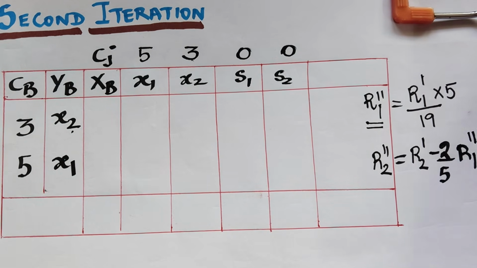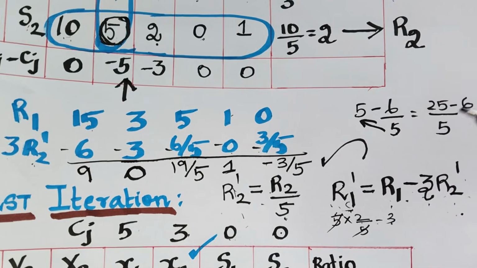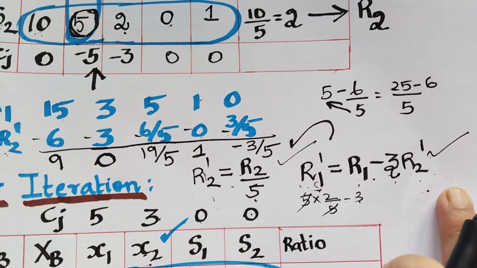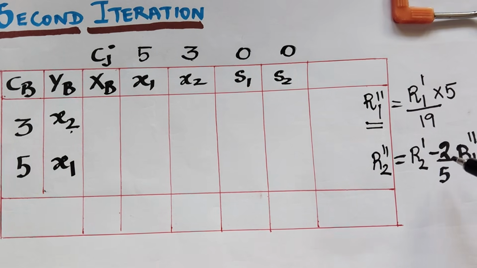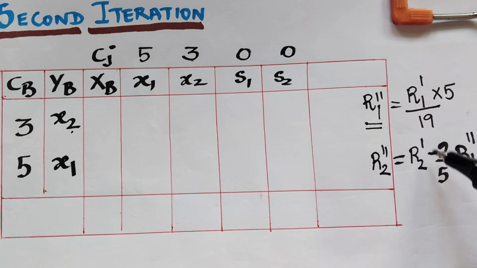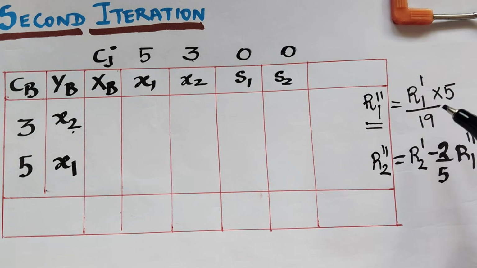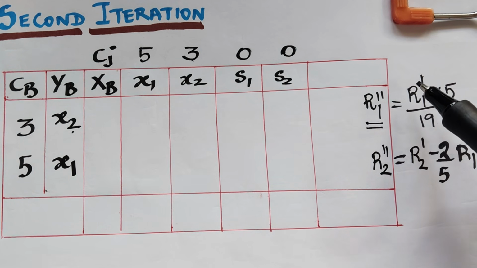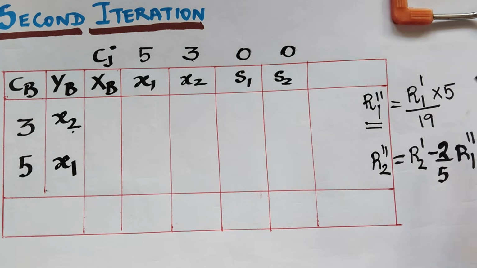So it is same like how we did here. If you compare these two with that, you will understand it. So patiently if you go through, definitely you will understand how I am writing this R1 double dash and R2 double dash. Now let us perform the operations. Now in order to find R1 double dash, we have to multiply R1 dash by 5 by 19.